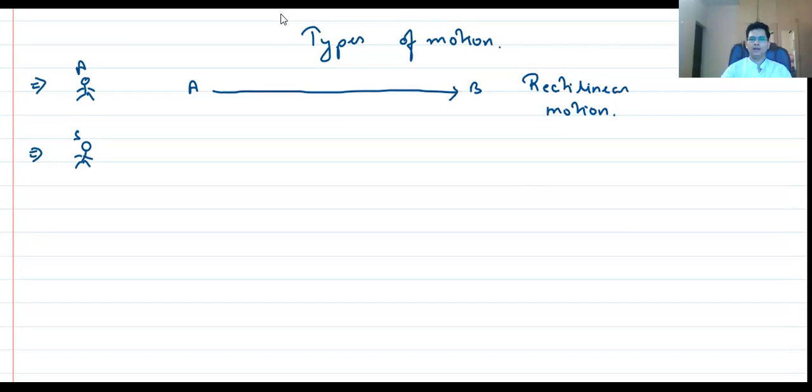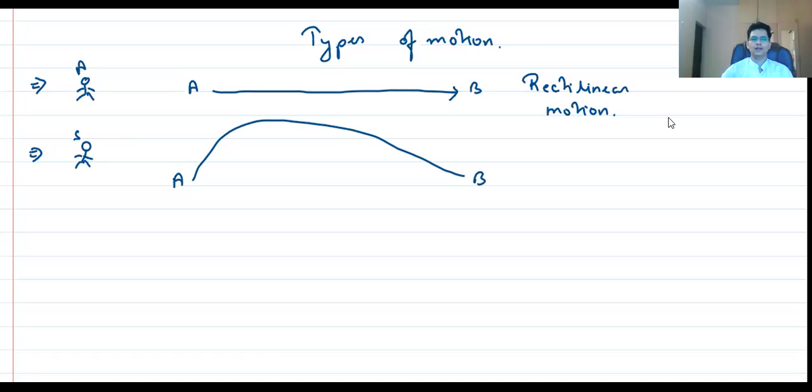Now, suppose again Shravya wants to go from A to B, but not in a straight line, like this. So what is this motion? It is called linear motion also, Ragini. It's just the term.